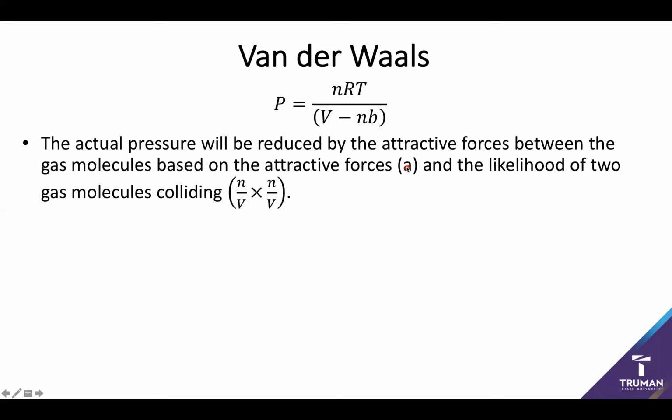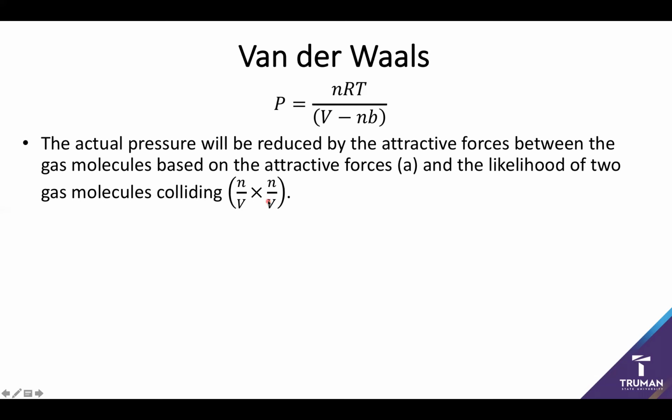It's also going to be modified by the likelihood of our gas molecules colliding. So the higher the concentration, the more likely I'm going to watch two gas molecules hit. However, it takes two to tango, so we're going to have to multiply the concentration of the gas times the concentration of the gas.